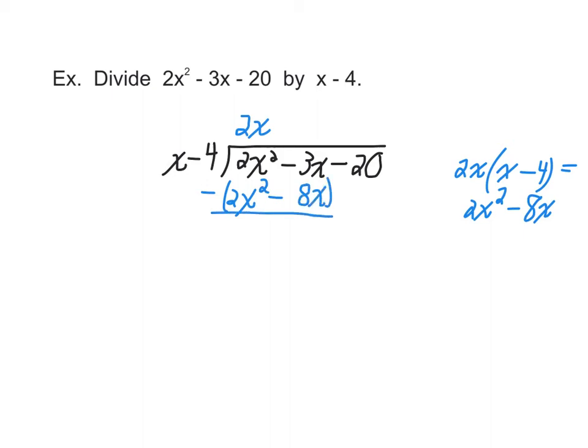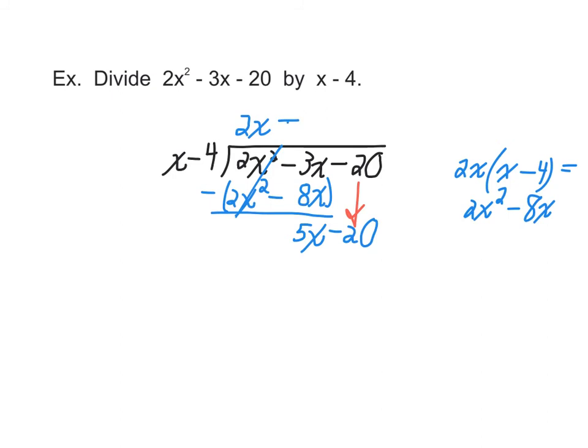We'll have to be really, really careful with the negatives. 2x squareds, of course, they go away. But then I'll have negative 3x minus a negative 8x, or negative 3x plus 8x, which is 5x. All right, bring the negative 20 down. We'll repeat the same process, trying to think about what number I can multiply x minus 4 by to get 5x minus 20.